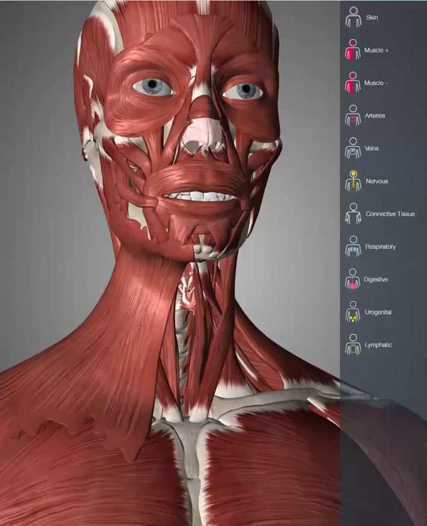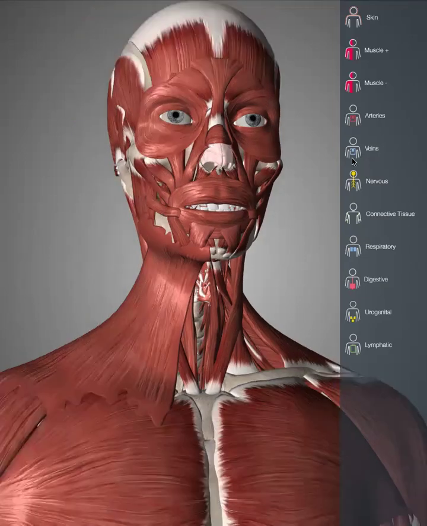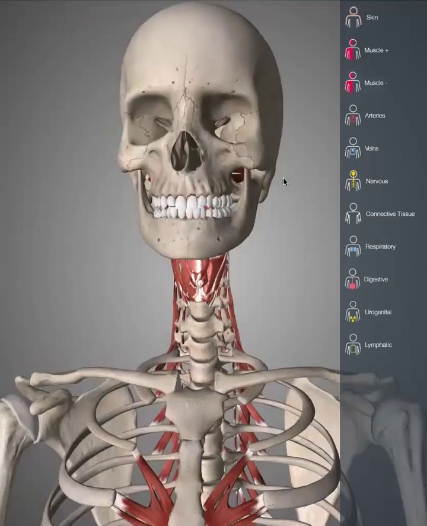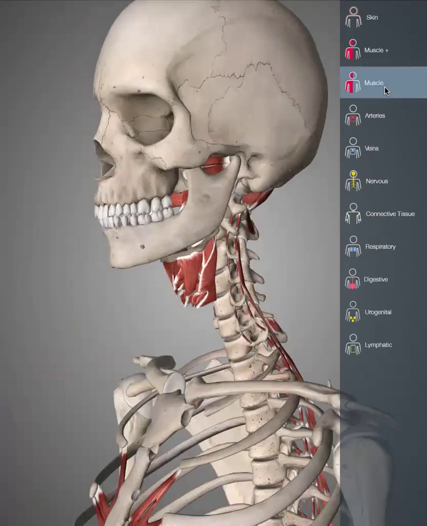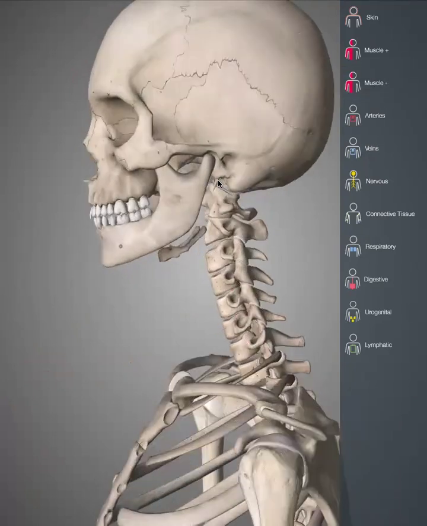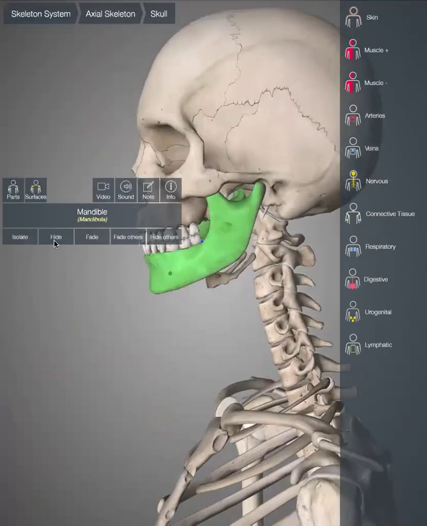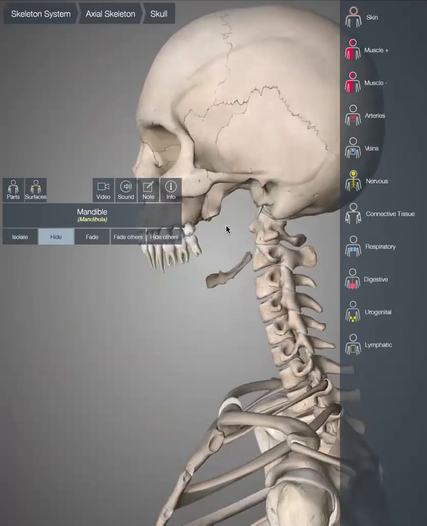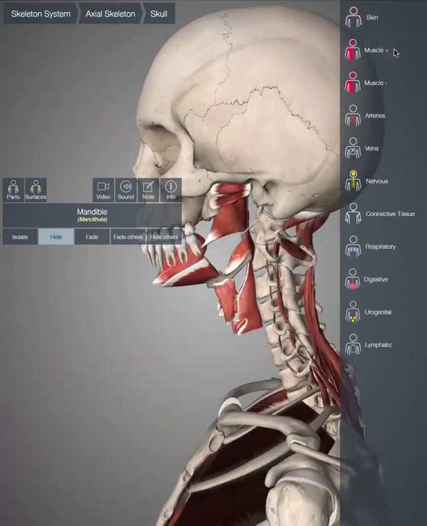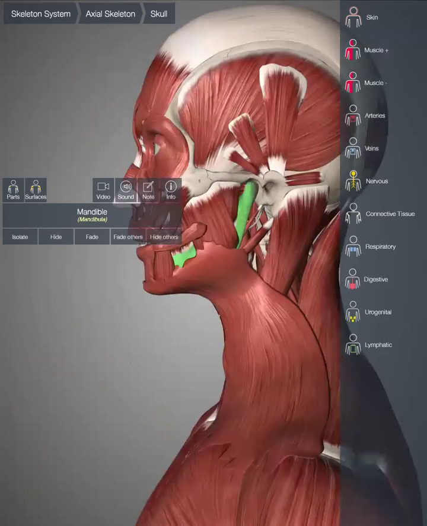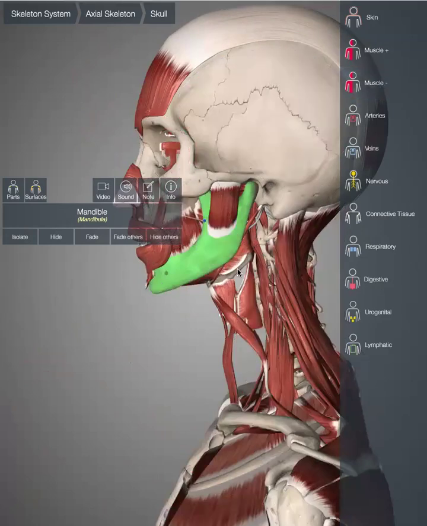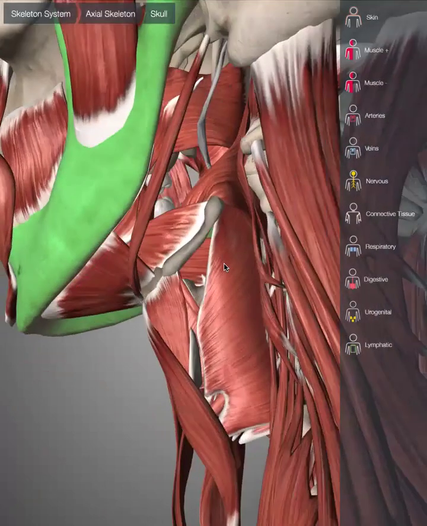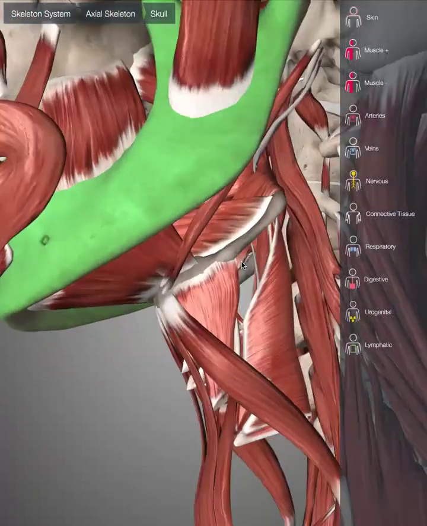So let's write some notes about it. I'm going to remove this too. It's not very clear here, but let's try and see how we can.